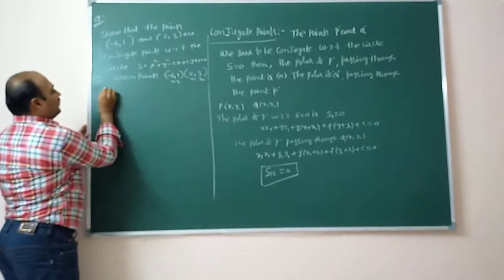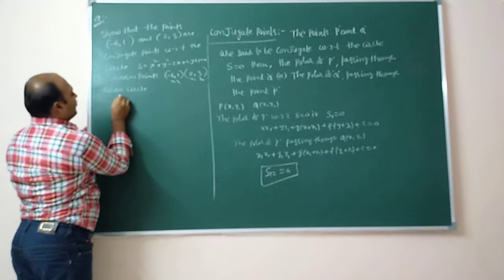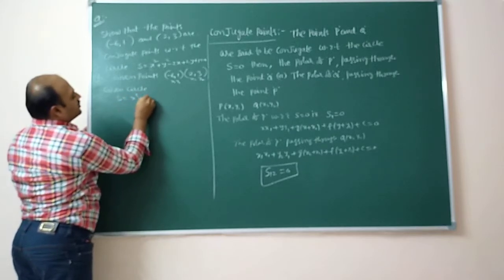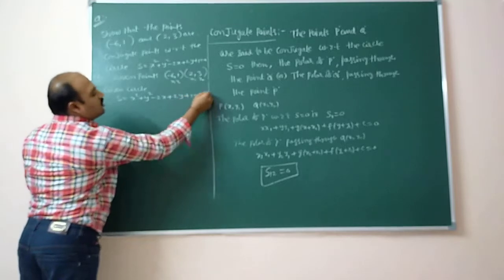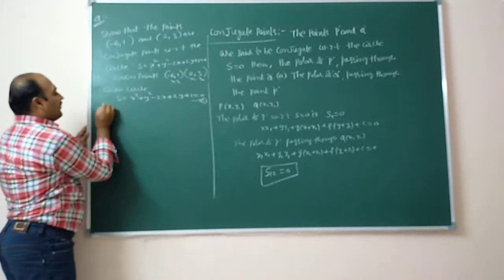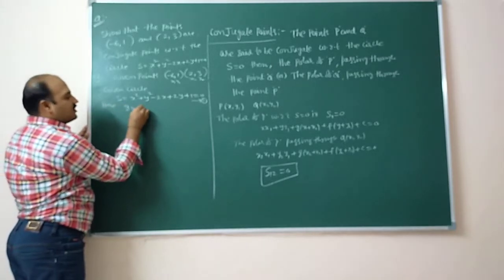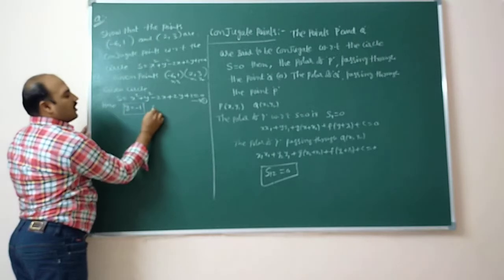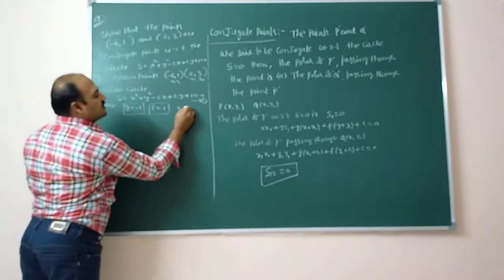Next, the given circle S equal to x square plus y square minus 2x plus 2y plus 1 equal to 0, equation number 1. Here, the values of g and f: 2g is equal to minus 2 means g is equal to minus 1. 2f is equal to 2, so f is equal to 1. c is equal to 1.